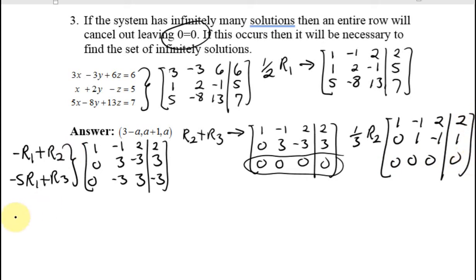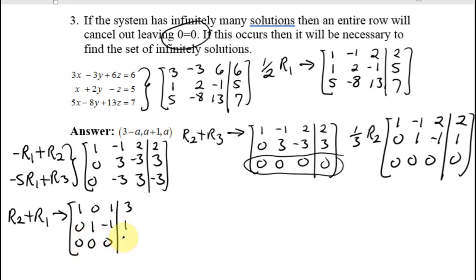So now we're going to use that 1 at A22 to get a 0 above it. We can do that by just simply adding row 2 to row 1. That's about all we can do there for Gauss-Jordan.